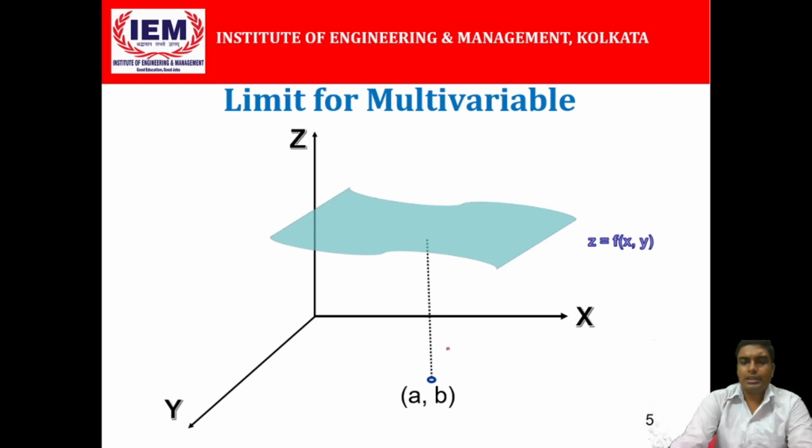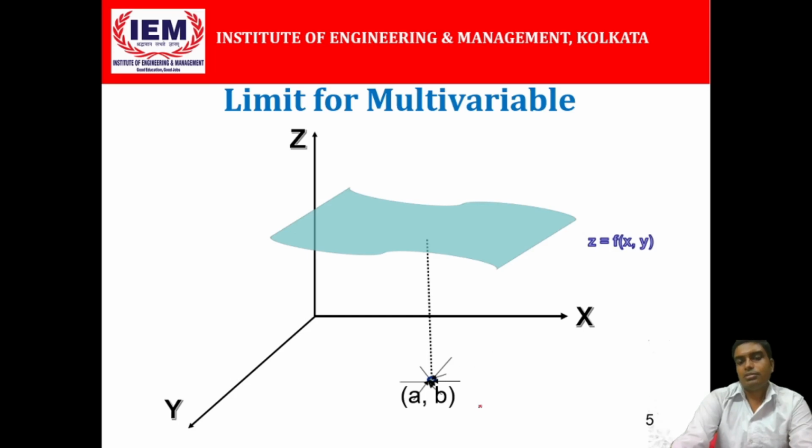Here I can approach this point from this direction, right? Or I can approach from the right hand side direction to this point (a, b), or I can move in this direction parallel to the y axis. This is also parallel to the y axis. Also, I can reach this point this way, and another way.